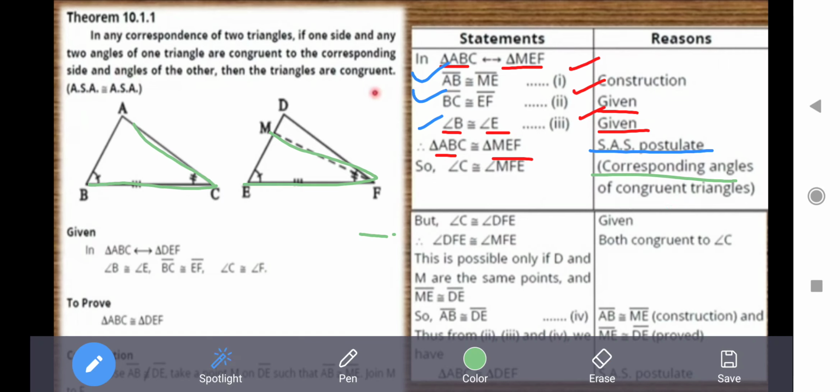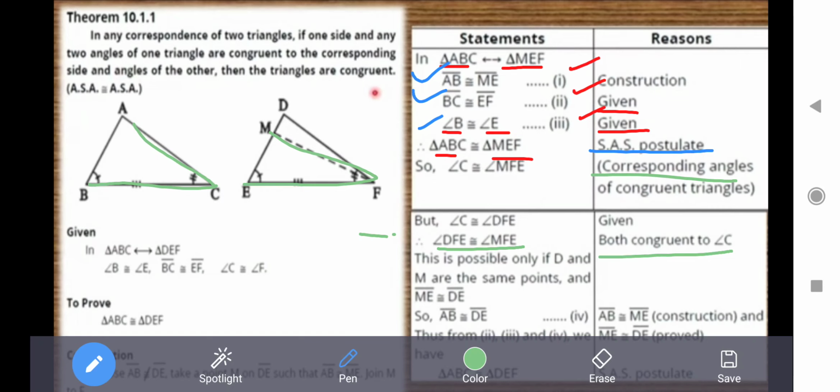But by the property of transitivity, for example, if I say angle C is congruent to angle MFE, and angle C is congruent to angle DFE, so both angle MFE and angle DFE are congruent to angle C. So what does it mean? Angle MFE is congruent to angle DFE. We will prove this. How? Because both are congruent to angle C.